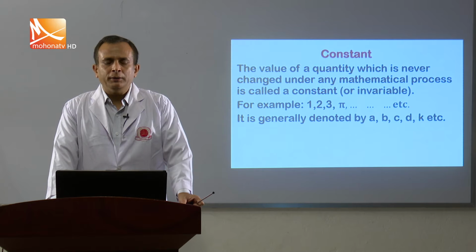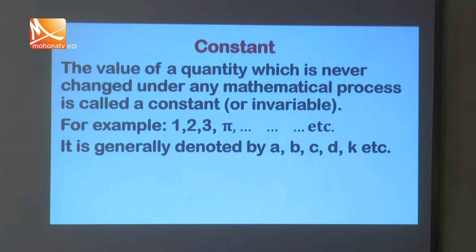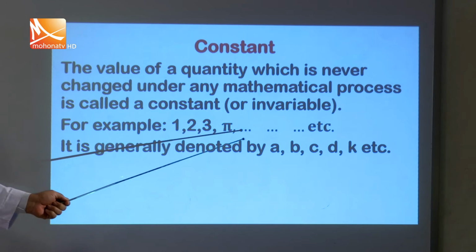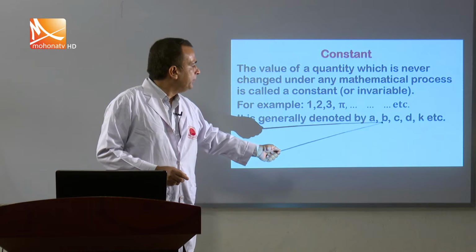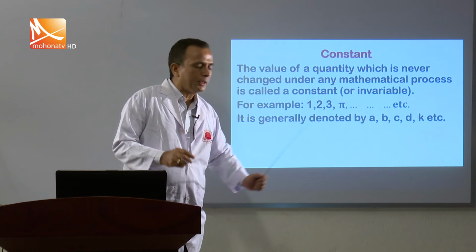Now we are going to see constant. The value of a quantity which never changes under any mathematical process is called a constant or invariable. For example: 1, 2, 3, pi, etc. It is generally denoted by small letters of the English alphabet like a, b, c, d, k, etc.